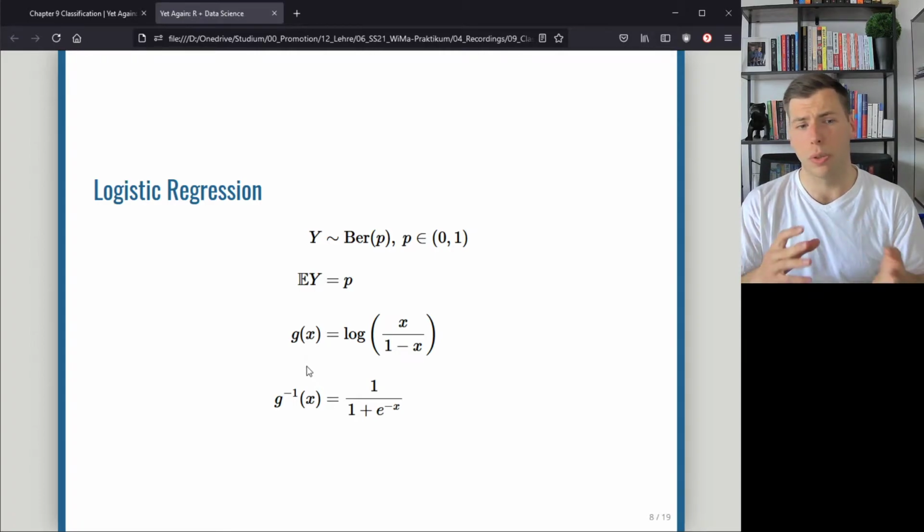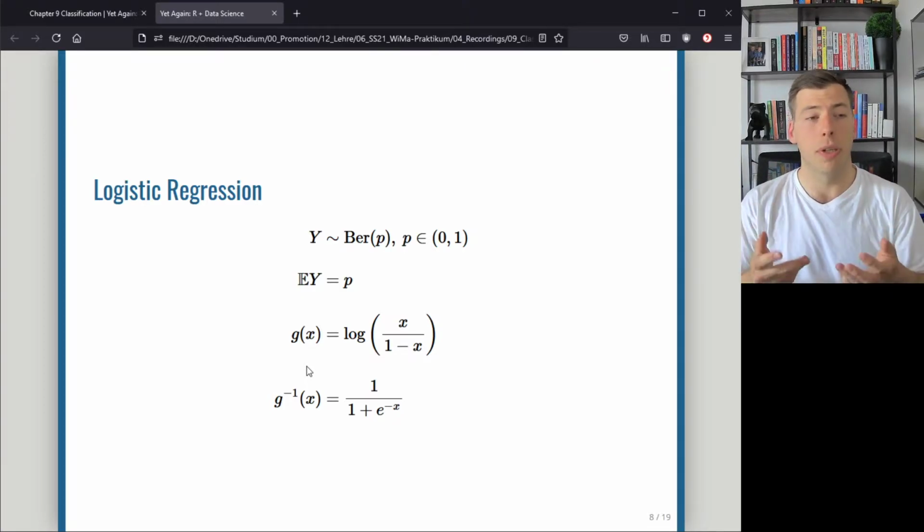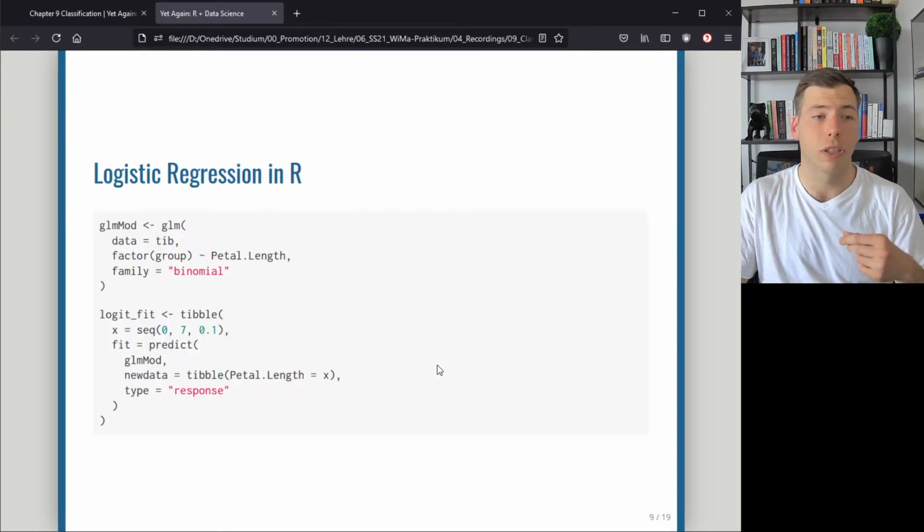But I don't want to go into details here in the summary video. If you're interested in that, just look into the lecture notes. I have written it out in more detail there. The point is, in R you can easily do it with the generalized linear models function, so with the GLM function, which works similar to the LM function, which you know from linear regression.